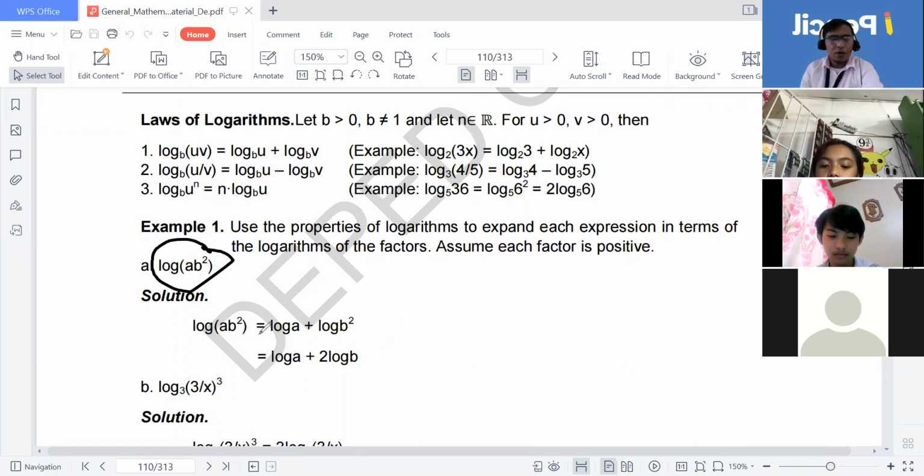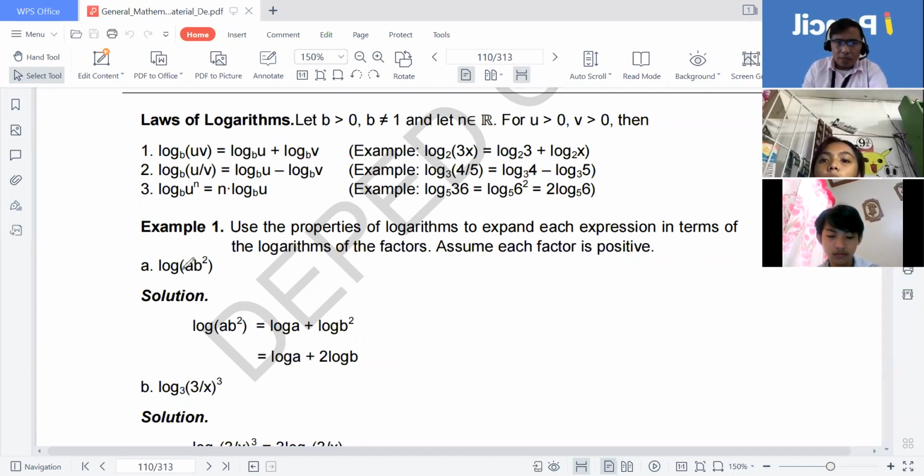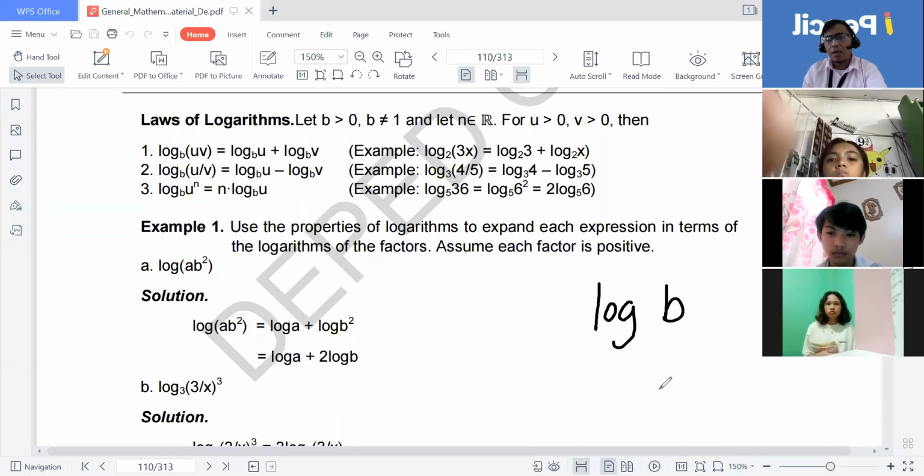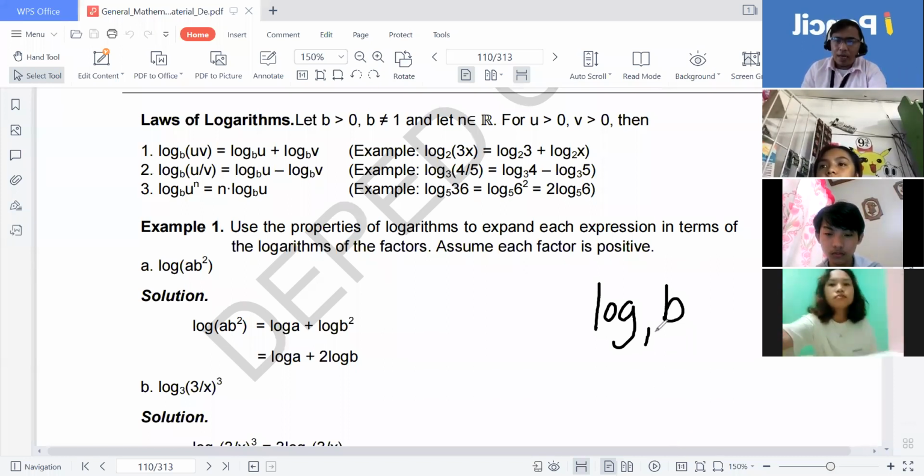If we are going to expand this, we all know from the law of product, it can be written as logarithm of A. By the way, if there is no base given, for example, log of B with no base written, it is understood that the base is 10.